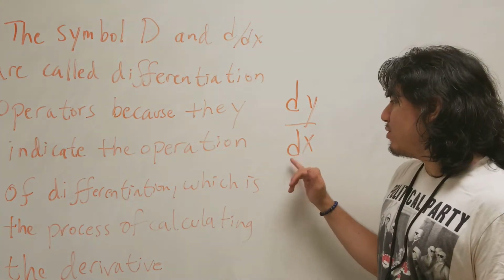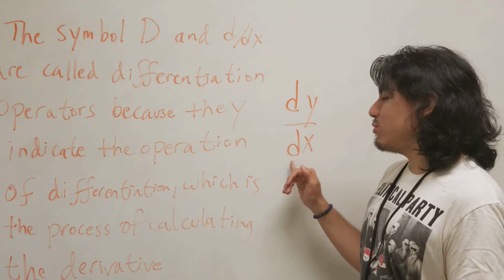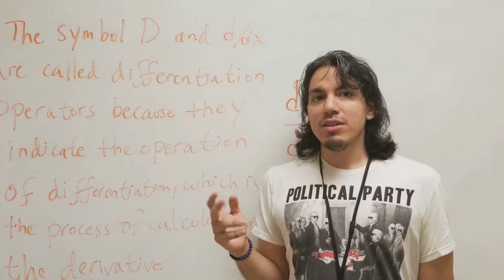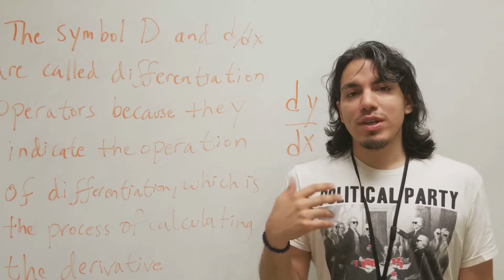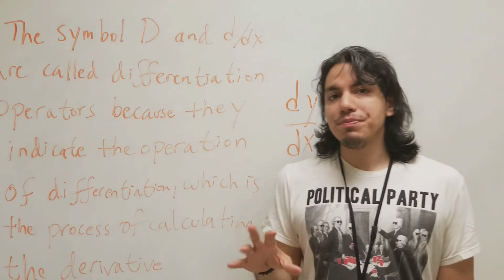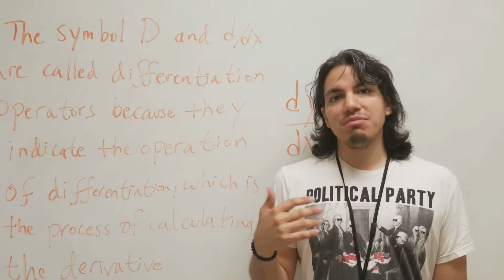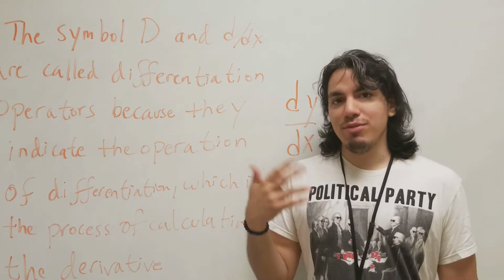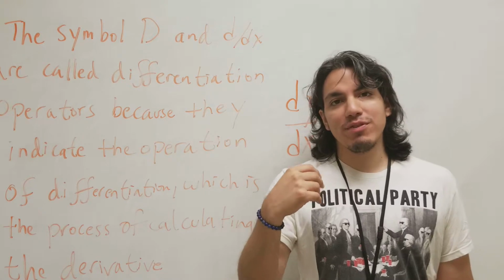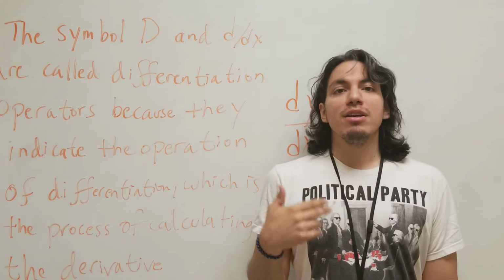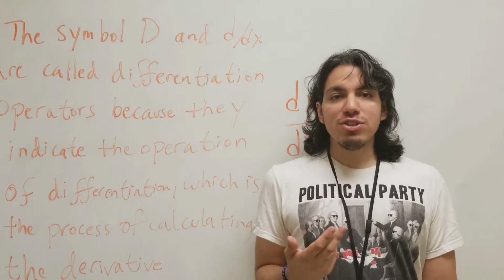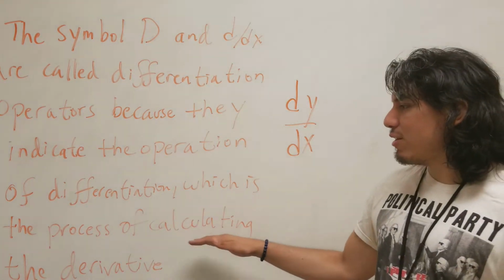He introduced us this notation, which is a very efficient notation where we're able to use it to calculate the derivative of a function, and it's rather convenient because, well, it has d in its name, so that's why it's a very interesting operator to use when we're differentiating a function. Remember, differentiation is the process of calculating the derivative.